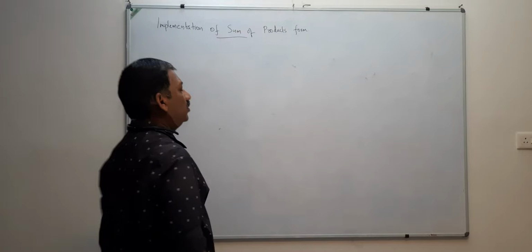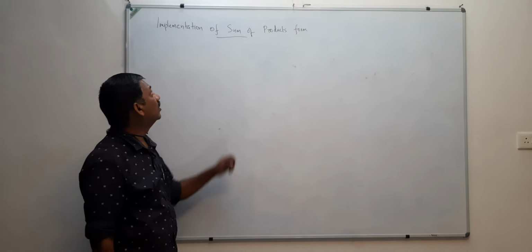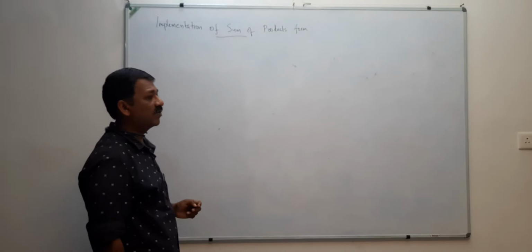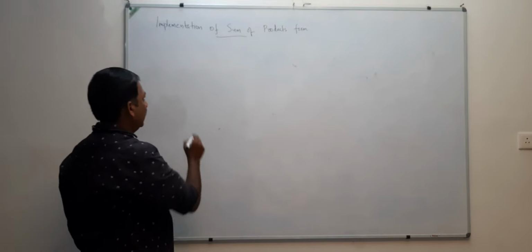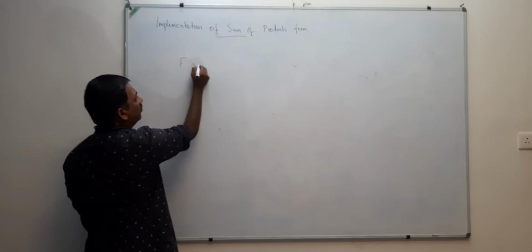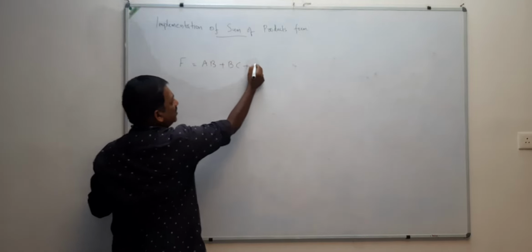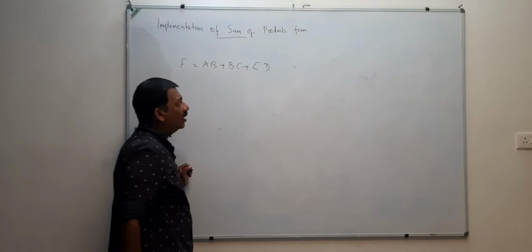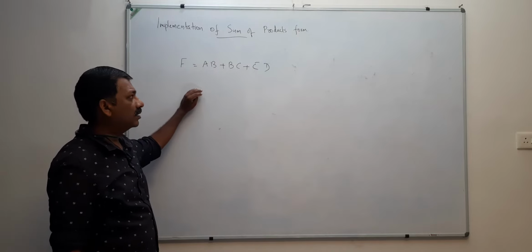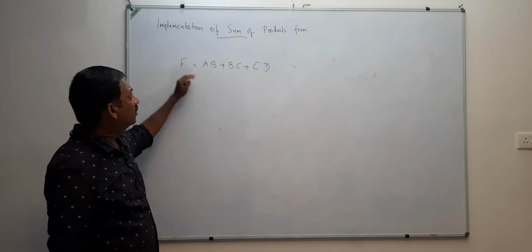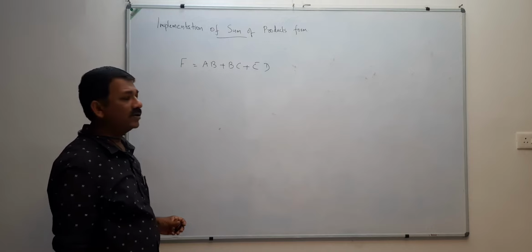I will try that. Now we are going to discuss implementation of sum of products form. For example, F is equal to AB plus BC plus C bar D, and here we can use AND OR implementation.